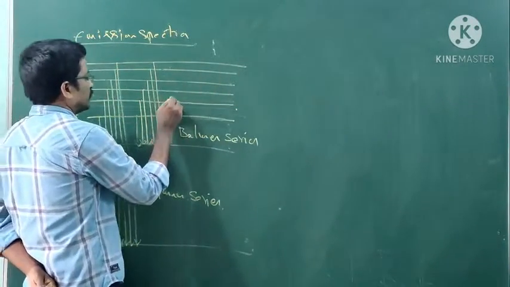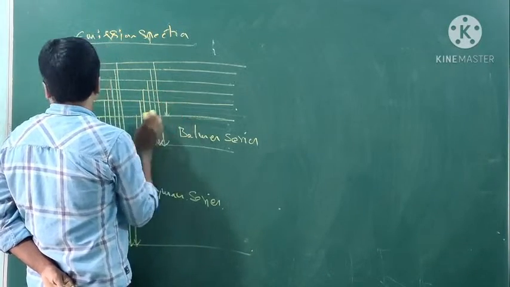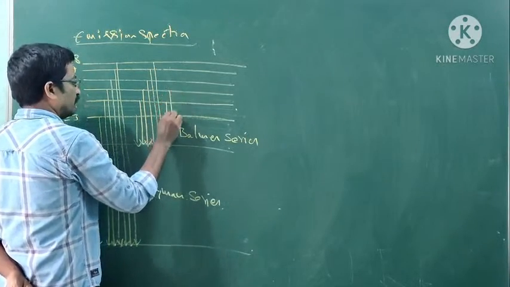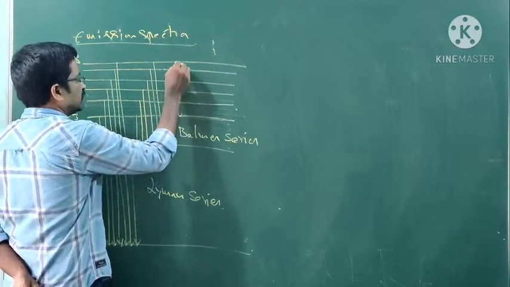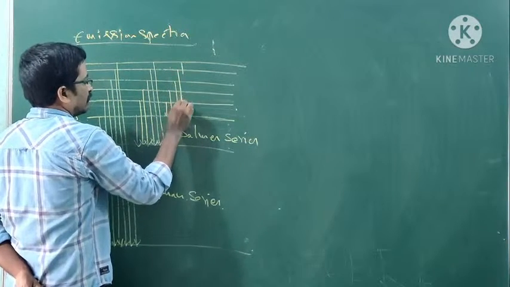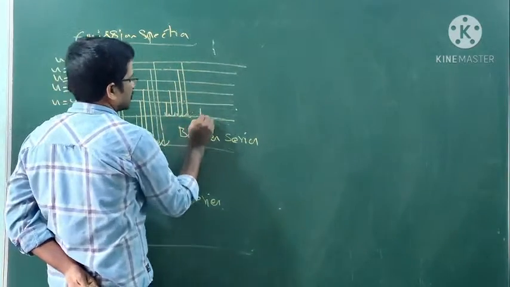Next scientist: 4 to 3, 5 to 3, 6 to 3, 7 to 3, 8 to 3. These are studied by Paschen.